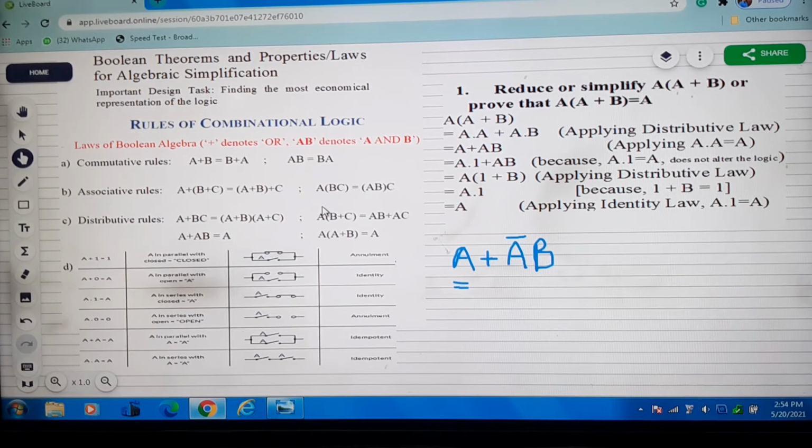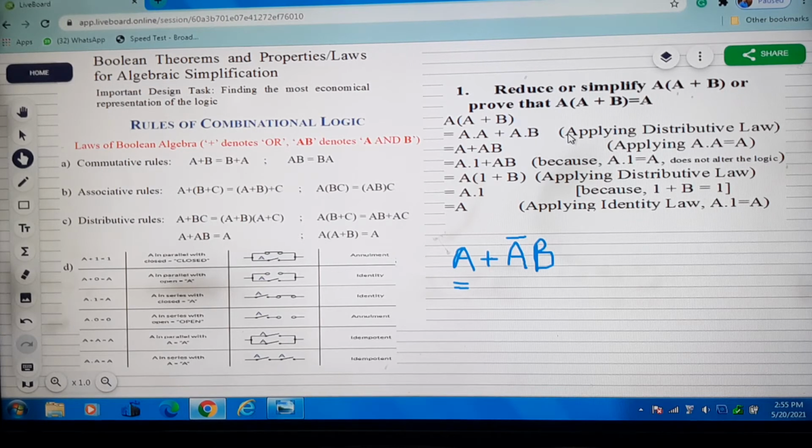Now we will take an example where we have to simplify or reduce the expression A dot A plus B, or we can say we have to prove that A dot A plus B is equal to A. The original expression is A dot parenthesis A plus B parenthesis close.